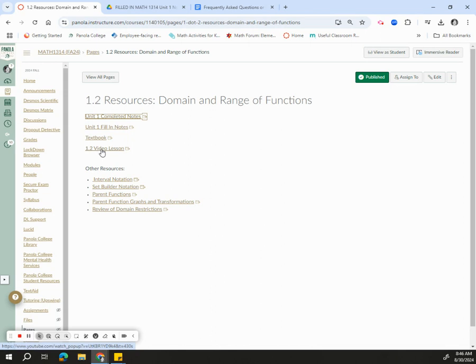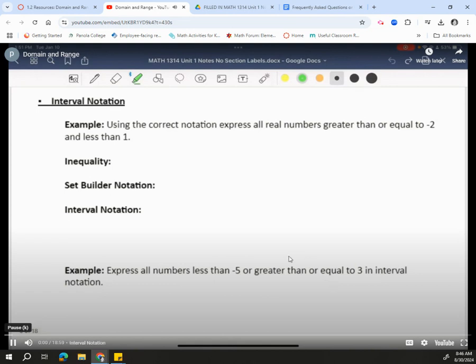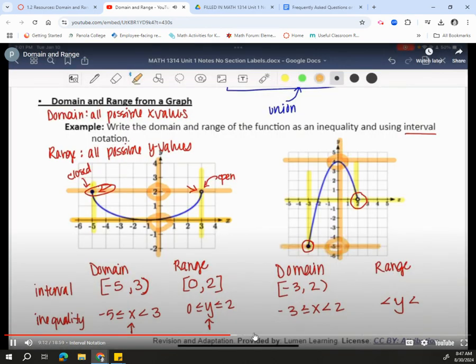It also has a video lesson specifically for 1.2, so it's not my voice filling it out, it's one of my coworkers, but she is filling out the notes for 1.2. It's teaching.